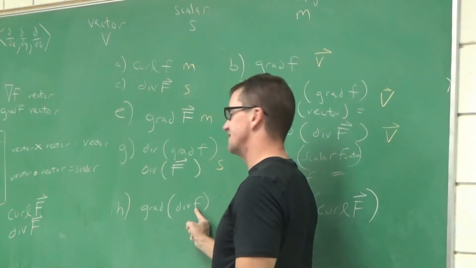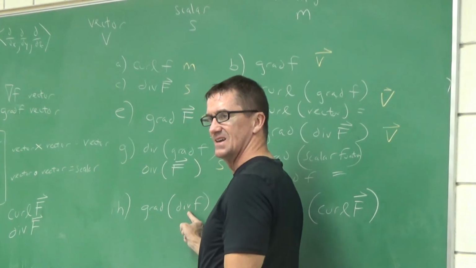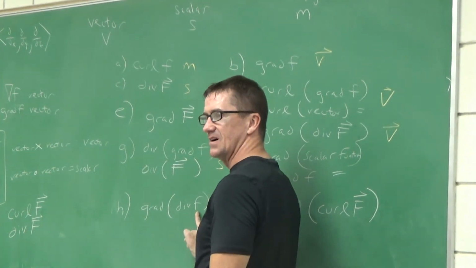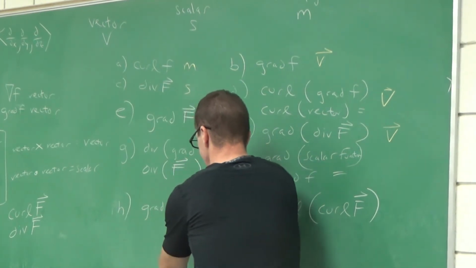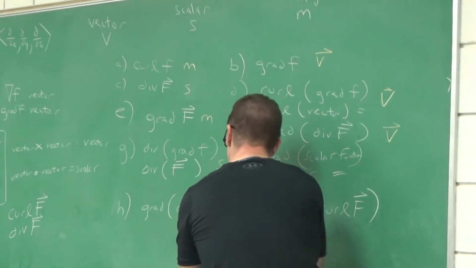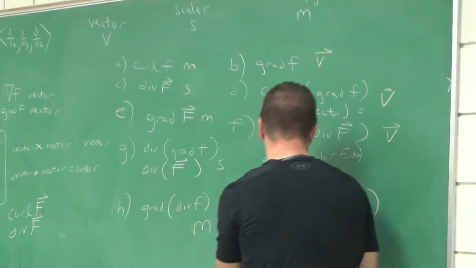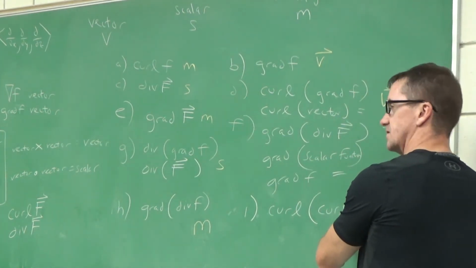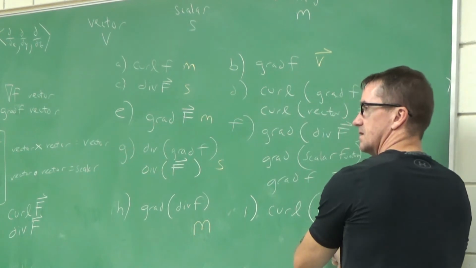I hope you get this. Meaningless. Someone see this? That's totally bogus. You can't do that. Divergence of a function is totally meaningless. How about this one? Curl of a vector field. That's a vector. What's curl of a vector? A vector.